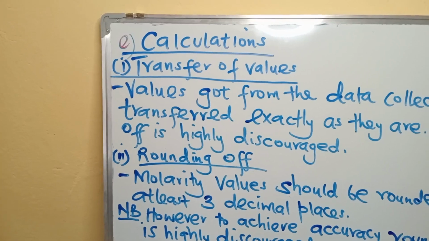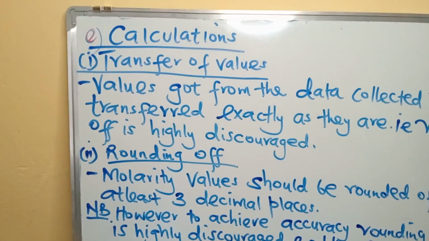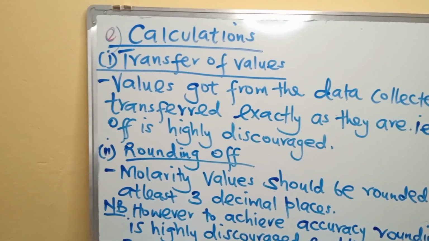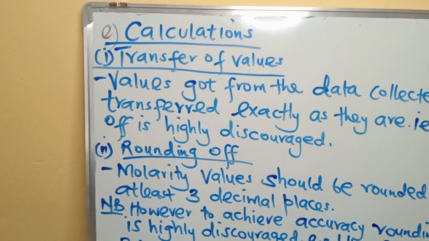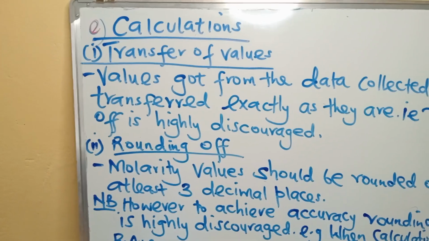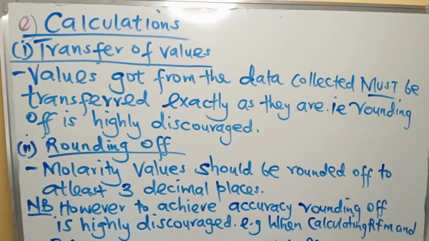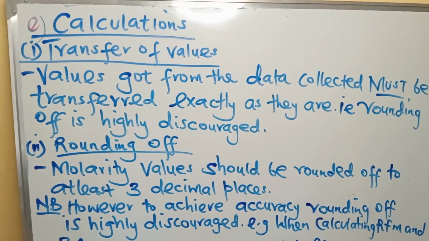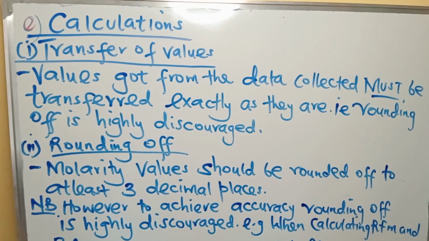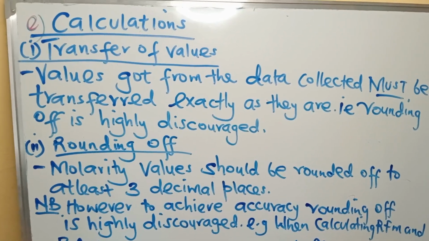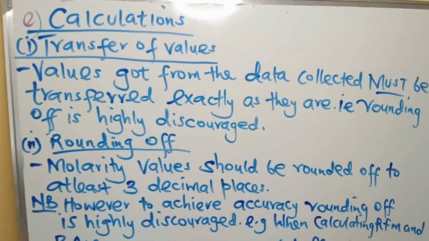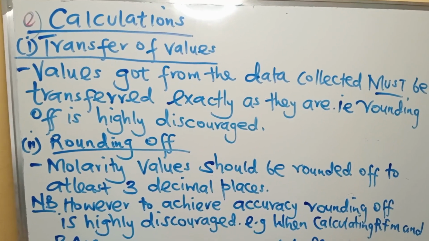And this is another area that will give you so many marks. There are 2 things that we check on calculations, and the first one is on the transfer of values. Those are the values that you get from, for example, the table that is filled, and like on titration, the values that you get after you calculate the average.